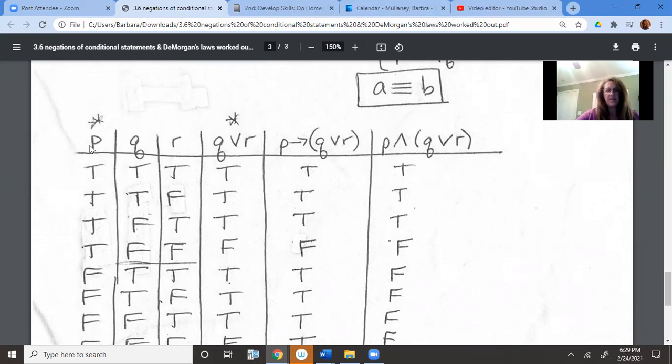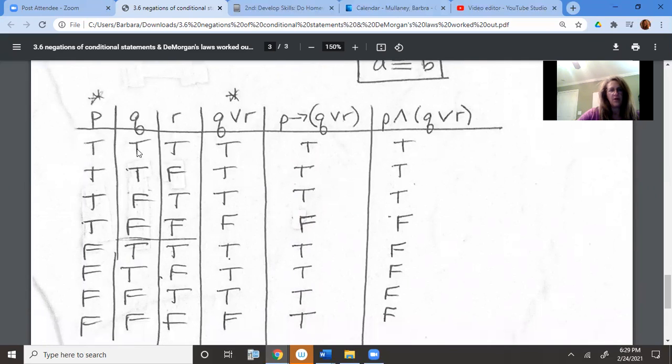So now that I built up the top row, I want to fill in first the truth table for P, Q, and R, all the cases. And we know how many rows, how many different cases, depends on how many letters we have: 2 raised to that many letters.